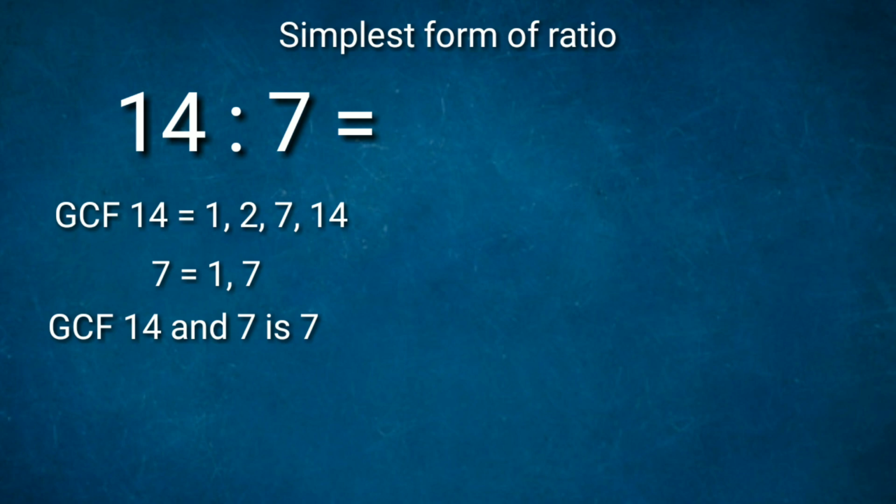So, let's divide them by 7. 14 divided by 7 is 2, and 7 divided by 7 equals 1.